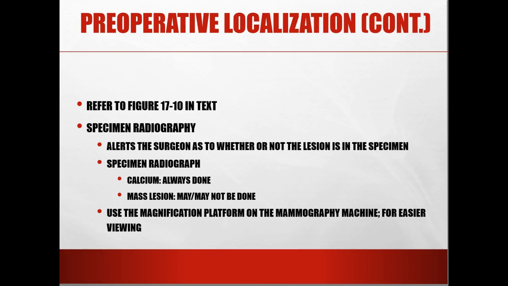They want to make sure that they're seeing the same number or configuration of calcifications in the specimen that they saw on the mammogram. There's also specimen units that may be housed in the OR department, or you may have one in your radiology department. So you can use that specific specimen radiograph unit, and there's pictures of that in your textbook, or you can just go ahead and do the images on the mammographic unit.